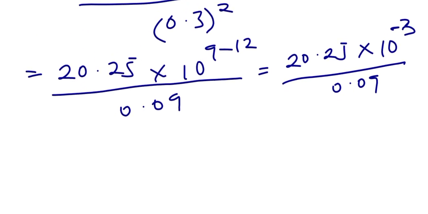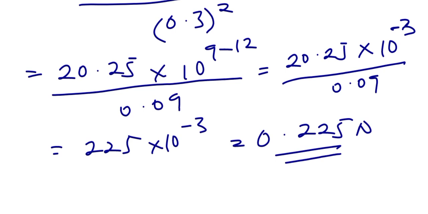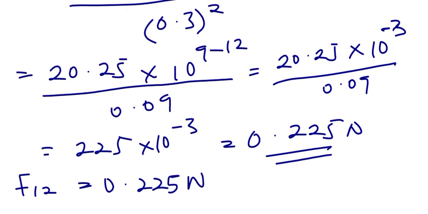So therefore this results in 225 times 10 to the power of negative 3, which equals 0.225 Newton. That's F12 equals 0.225 Newton. Now, the next one we need to find is what?